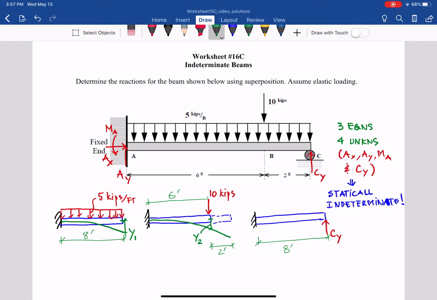This is y2, the deflection of the 6 foot cantilever at the end, and it continues to deflect with the angle theta, something we did in worksheet 15B, a small angle. We also have the relationship for the additional deflection, which is y3.